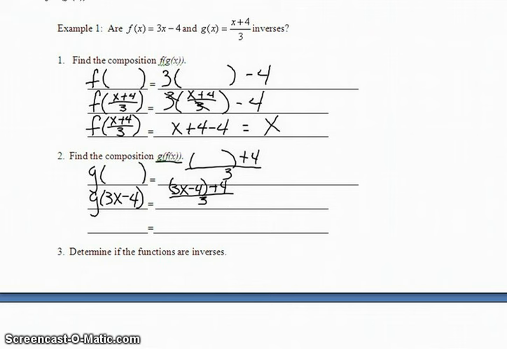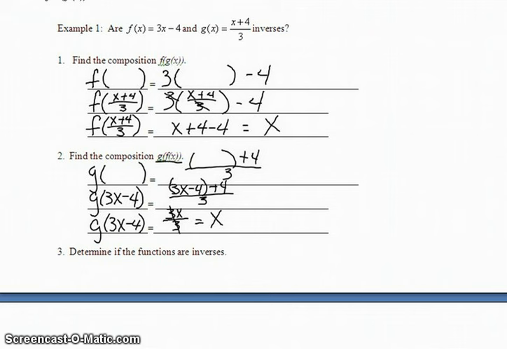Simplifying the right side of my equation, I have 3x minus 4 plus 4. That leaves my numerator as 3x divided by 3. So that one also results in x.